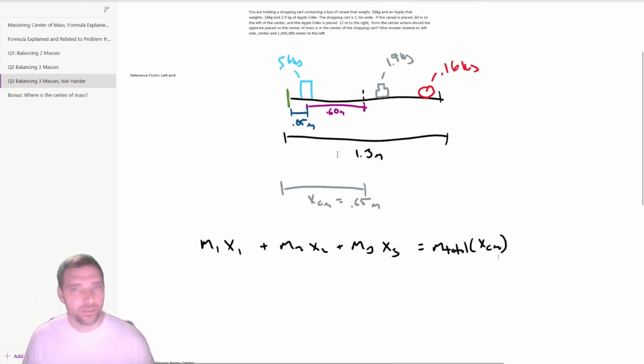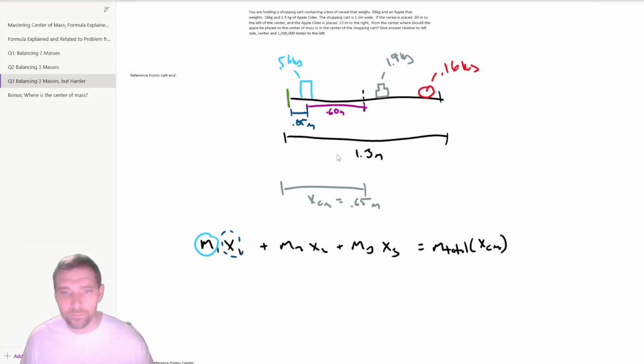So we have mass given. This was pretty easy for us to solve. Let's see, we do have this given, but the displacement of the apple cider is going to be relevant to the distance that they gave here. So they gave us 0.12 meters. That's going to be added to the 0.65.